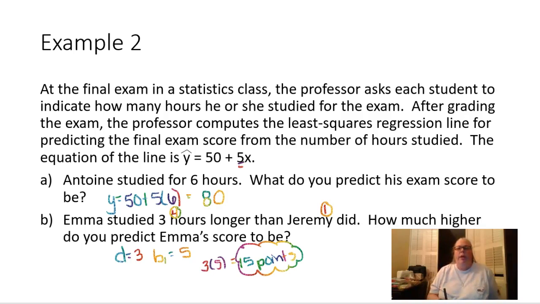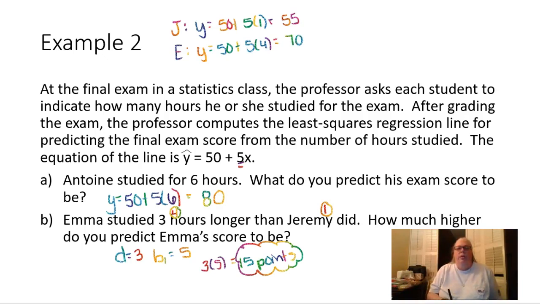If we do it the other way, and let's say Jeremy did study for 1 hour, all right? So if Jeremy did study for 1 hour, his predicted score would be 50 plus 5 times 1, which will give us 55. And then Emma, who studied 3 hours longer than that, or 4 hours, her predicted score is 50 plus 5 times 4, which is 70.